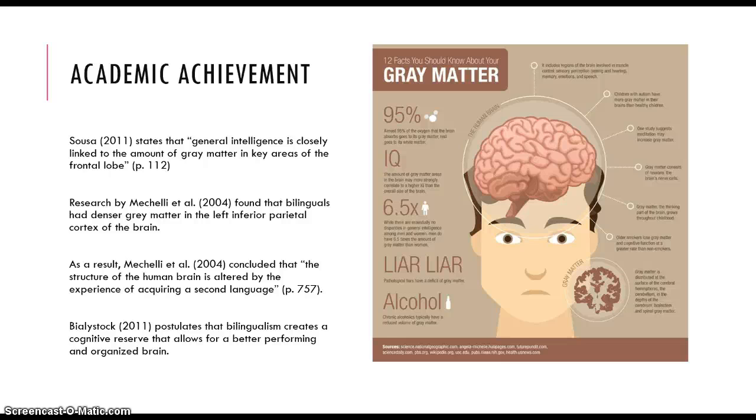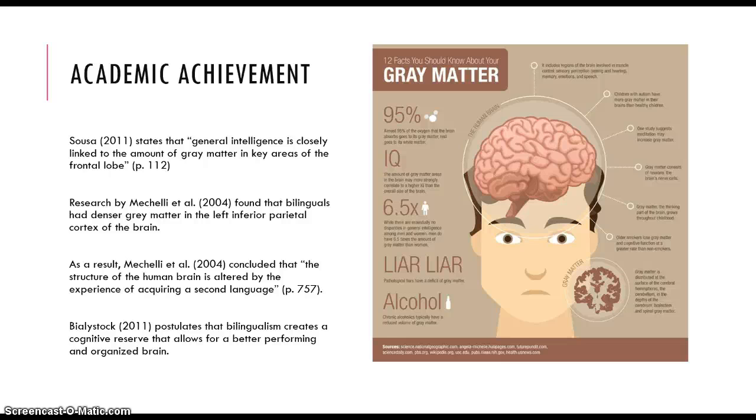Granted, a different area of the brain than the frontal lobe. However, it stands to reason that if intelligence is amplified by the amount of gray matter in the frontal lobe, there must be a correlation between denser, more abundant gray matter even in the left inferior parietal cortex. There seems to be just simply more connections to be working with.